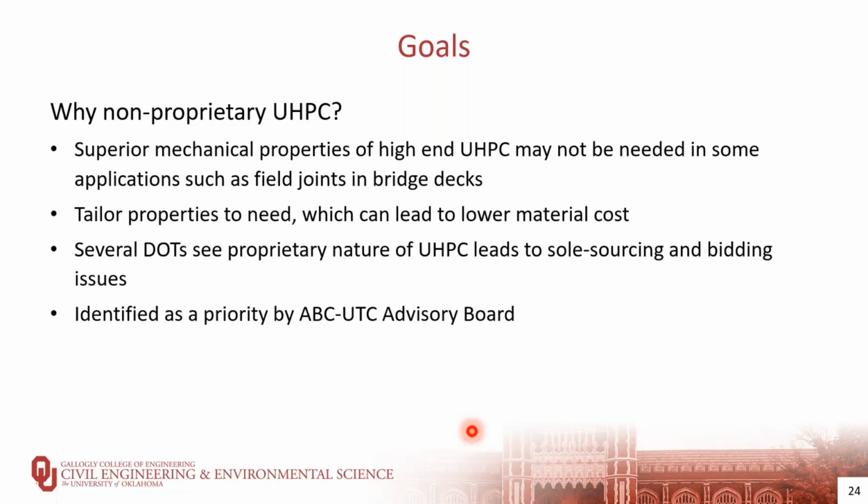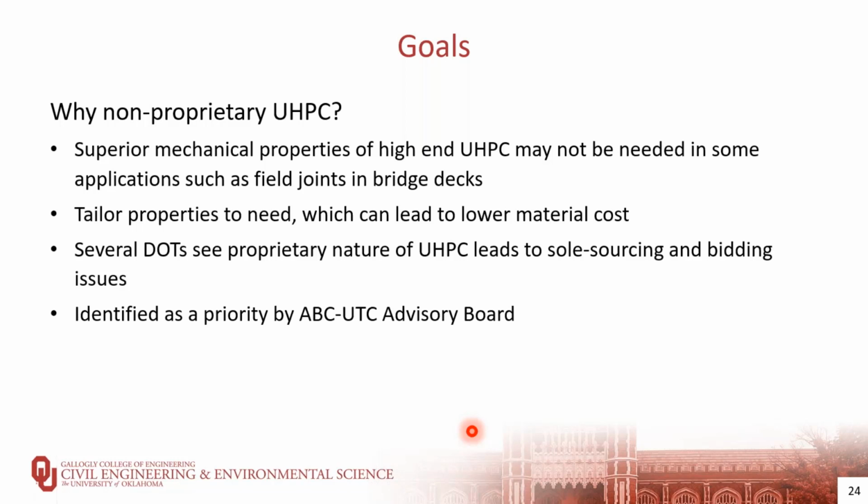The most important thing may be, does it bond well to the conventional concrete? Does it bond well to the reinforcing steel? And is it going to be durable over time? Non-proprietary UHPC gives a lot more flexibility to tailor those properties to the needs, which can lower the material costs to potentially make it more accessible for small repair and retrofit projects, or to give the DOTs more flexibility.